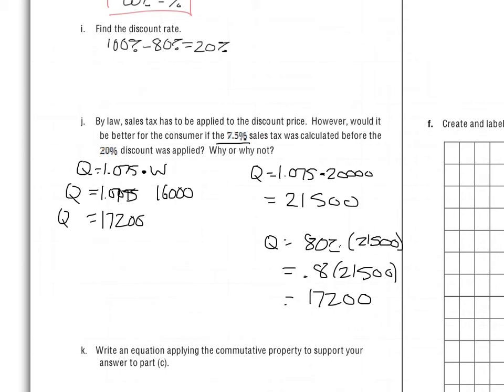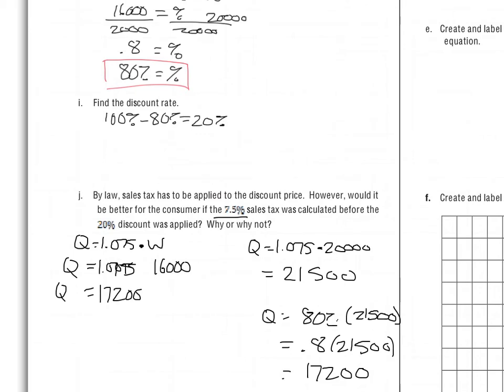It's exactly the same. And let's talk about why that is. In this problem, we had a value, 20,000, that was multiplied by 0.8.